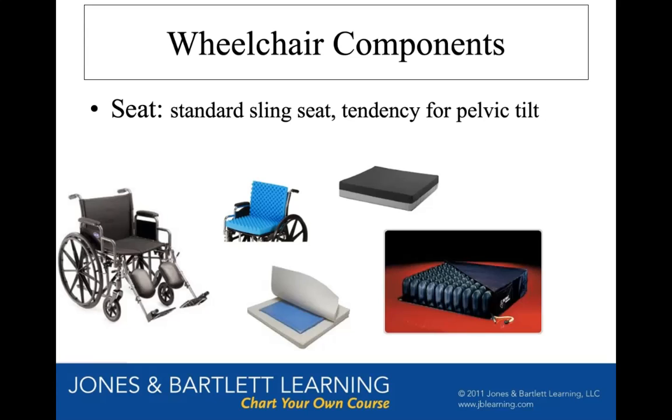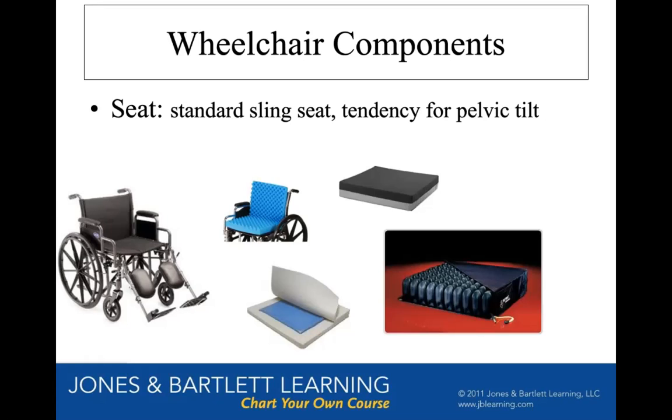Now, this one down here in the picture, with the black air cells on the red background, is called a Roho cushion. Don't worry about the name of it. That's just the brand name. There are other air cushions out there that look just like this, with air cells that you blow up with a pump, and a person basically sits on an air cushion.